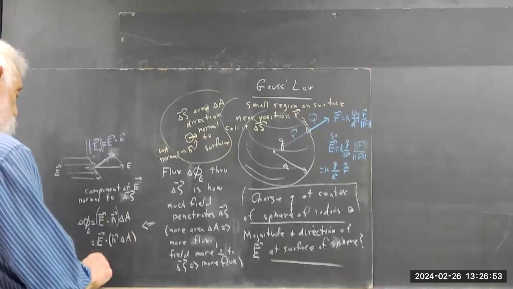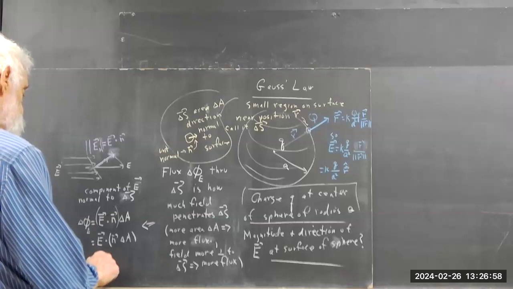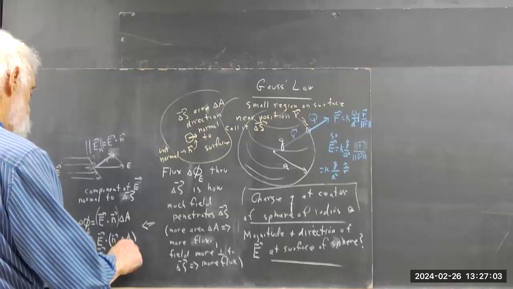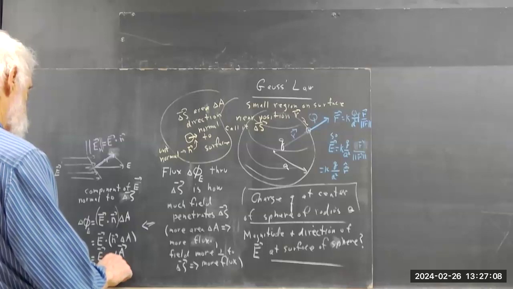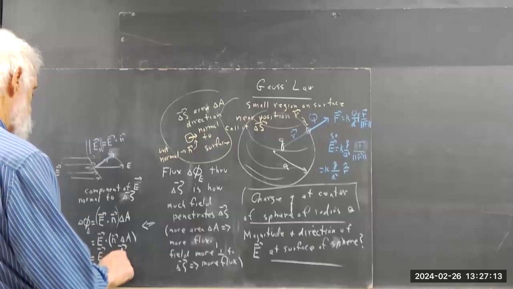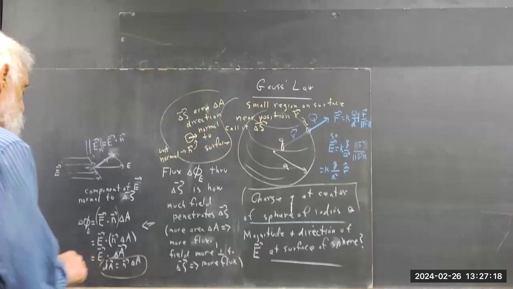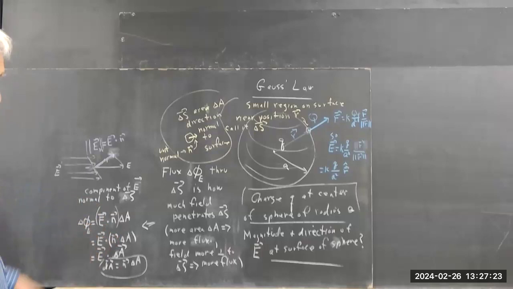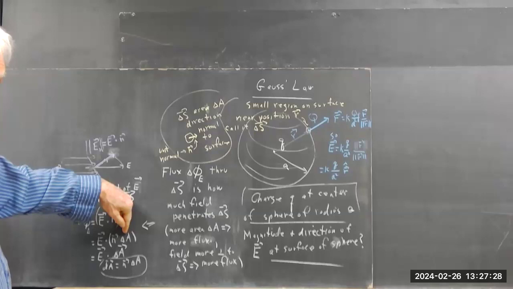And think back to why that's so. So this could be written as E dot delta A vector, where the delta A vector is your N times your delta A area.